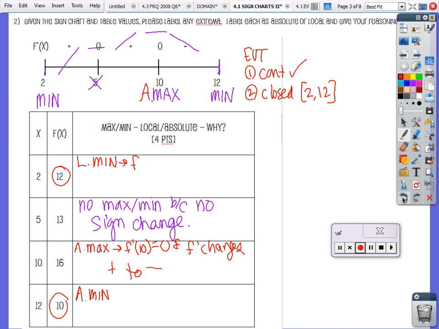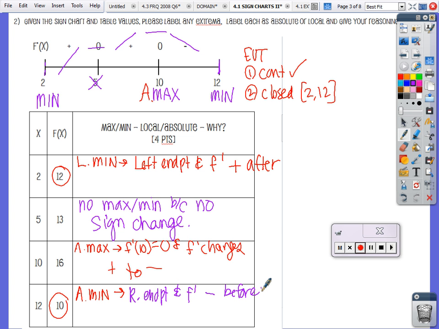This is an endpoint. Endpoints are always interesting. This is a left endpoint and f prime positive after. Over here, we would write that this is a right endpoint and f prime negative 4.